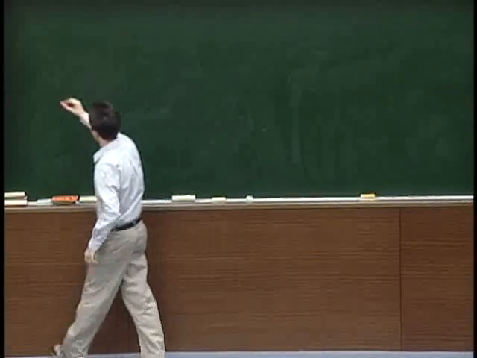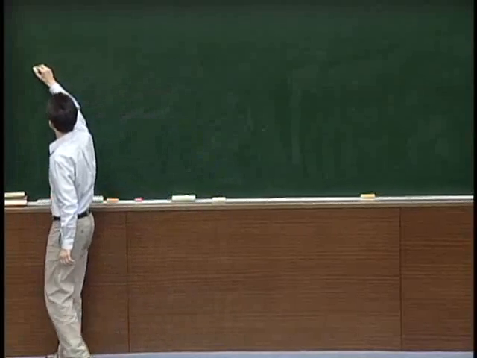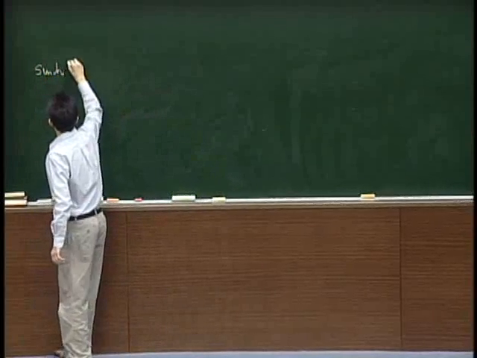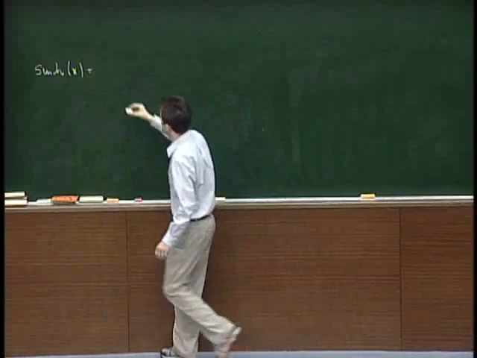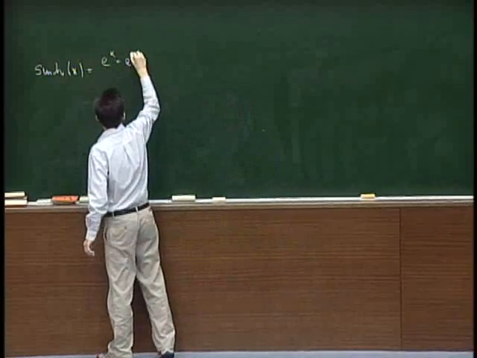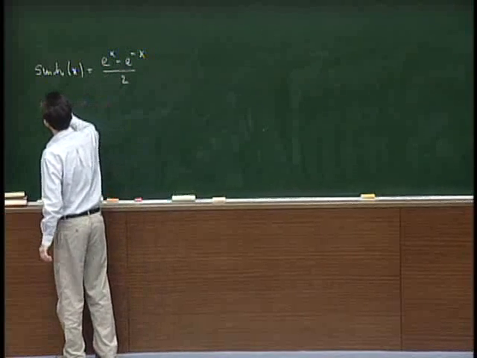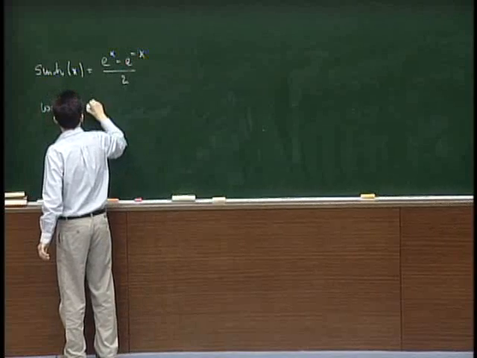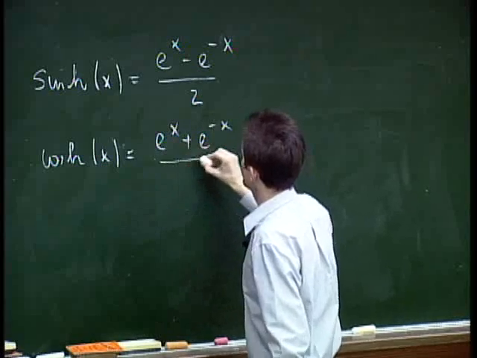Now another class of functions which we have discussed in the assignments are the hyperbolic functions. For instance, the hyperbolic sine, which is defined as e to the x minus e to the minus x, halved, the hyperbolic cosine, which is defined as e to the x plus e to the minus x, halved.